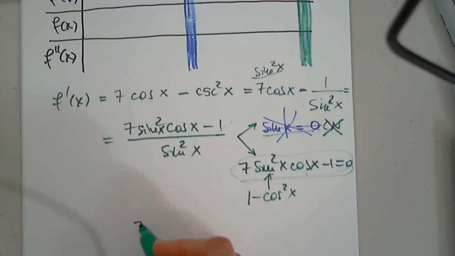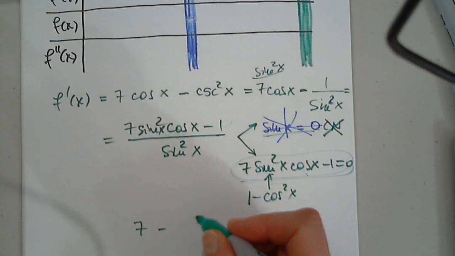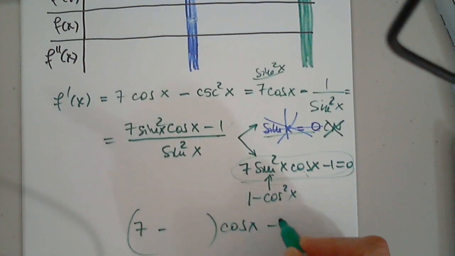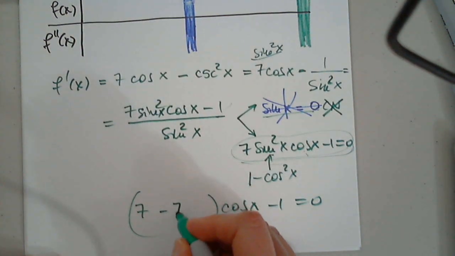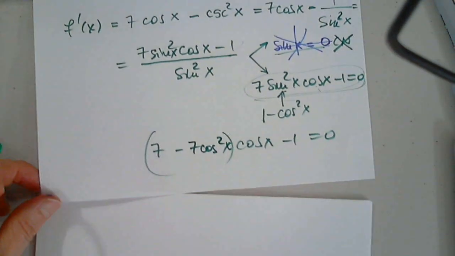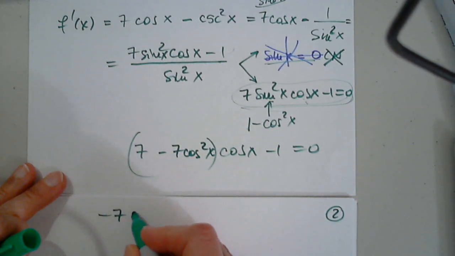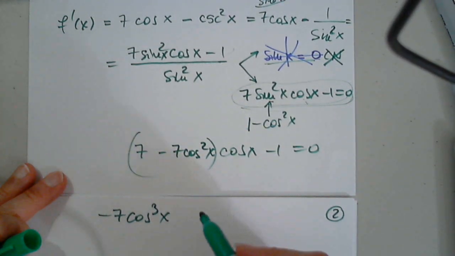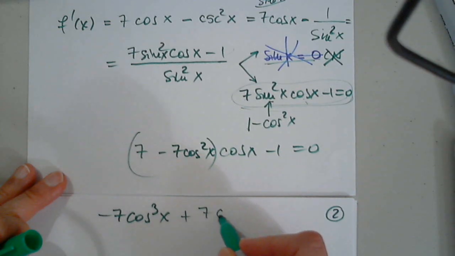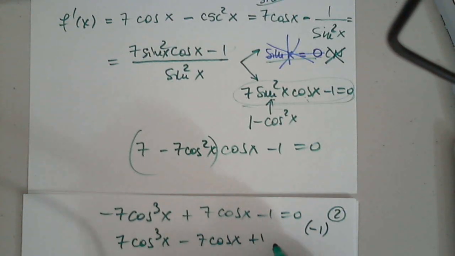So I have 7 times 1 minus cosine squared, multiplied by cosine. Not a friendly type of equation. Okay, so we have negative 7 cosine cubed plus 7 cosine x minus 1 equals 0. I'll multiply by negative 1, and I get 7 cosine cubed minus 7 cosine x plus 1 equals 0.